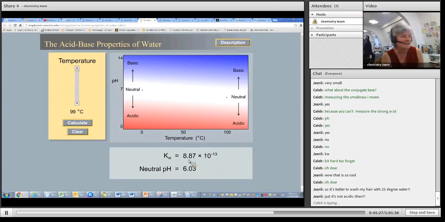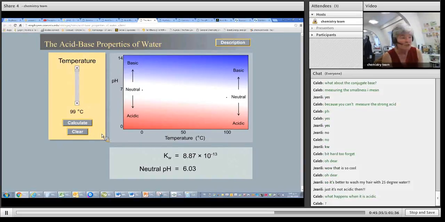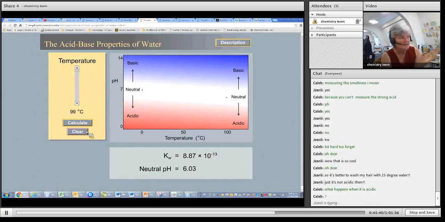But yes, if you change the temperature, you're going to shift where it lies. Okay, so let me just think this through. At a very high temperature, like 100 degrees, you can't really get more of one than the other. So neutral is going to be a pH of 6 at 100 degrees.